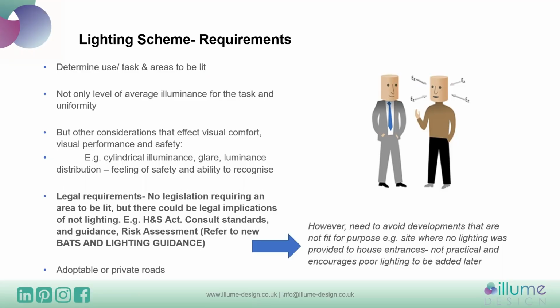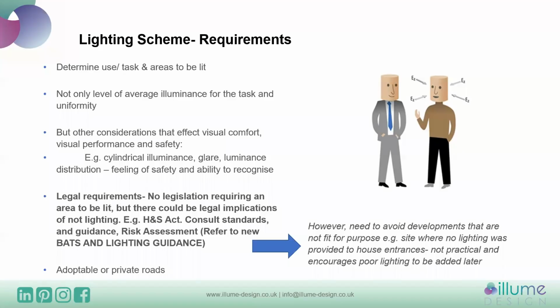But something that I wanted to highlight is that we want to avoid developments that are not fit for purpose. We've got a site in Devon where actually no lighting was provided to the house entrances. There's no street lighting, there's no lighting externally at all. And the problem with this is it's really not very practical. It encourages poor lighting to be added later.